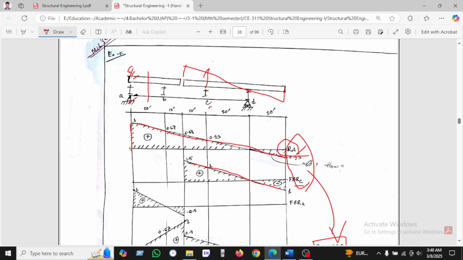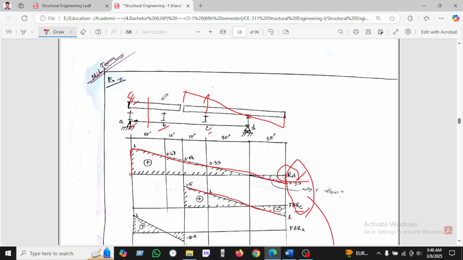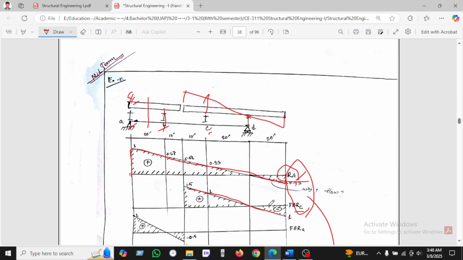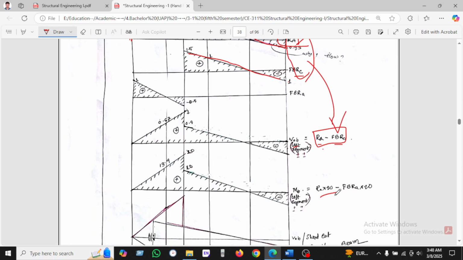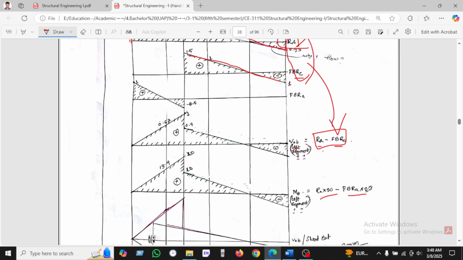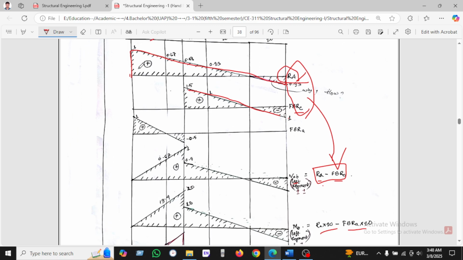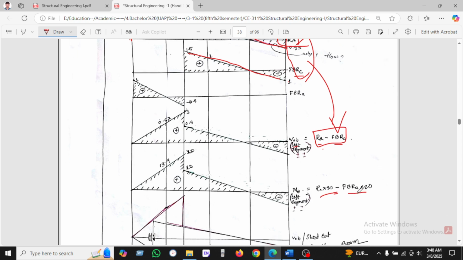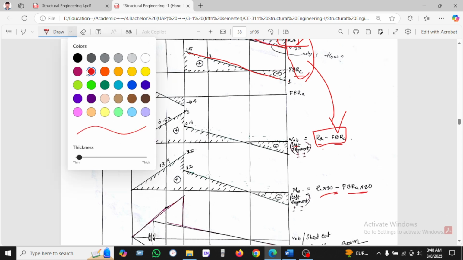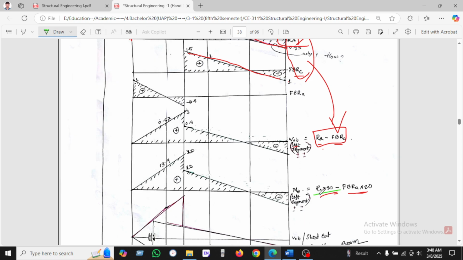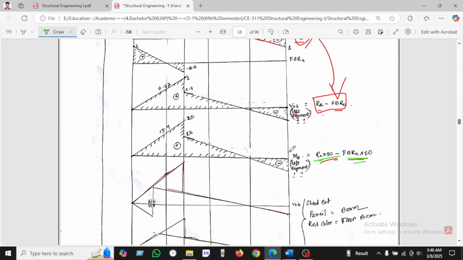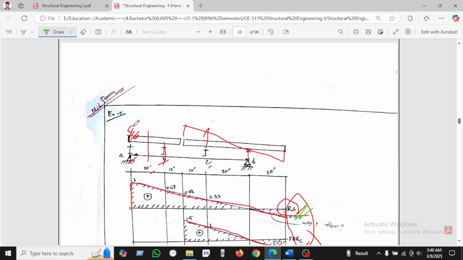How will we calculate the MB? This is the point B. If you calculate the moment from here, you see RA into 20, and another floor beam RA equal to 20. So we are doing RA and floor beam RA. I already have the RA diagram, but not the floor beam RA diagram, so I will draw it here.